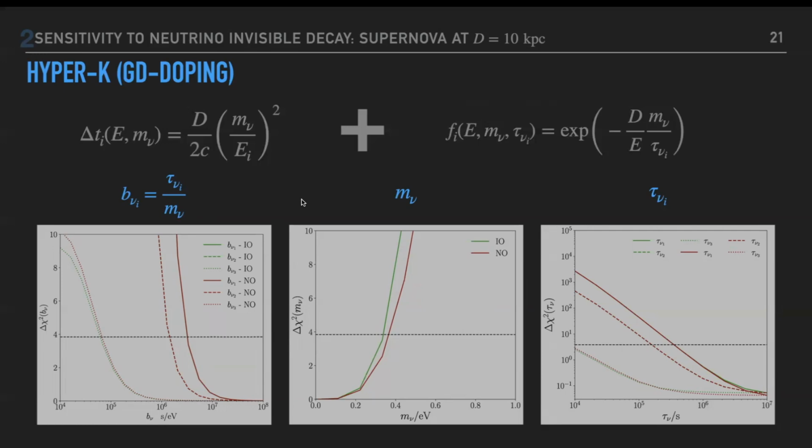But we also explore the possibility for future supernova observations to put bounds independently on both the neutrino mass and the neutrino lifetime. And if we compare our result with the results reported in the literature, we see that at least for this tau over m parameter, the future observation of supernova neutrinos could improve the current bound set by supernova 1987A.